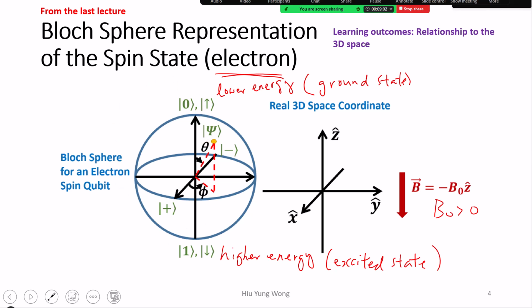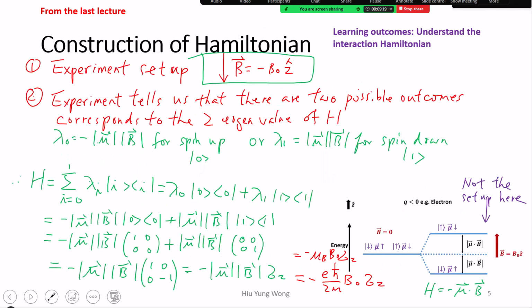This is something you want to keep in mind in the following class, and sometimes you do need a reference coordinate system to think.